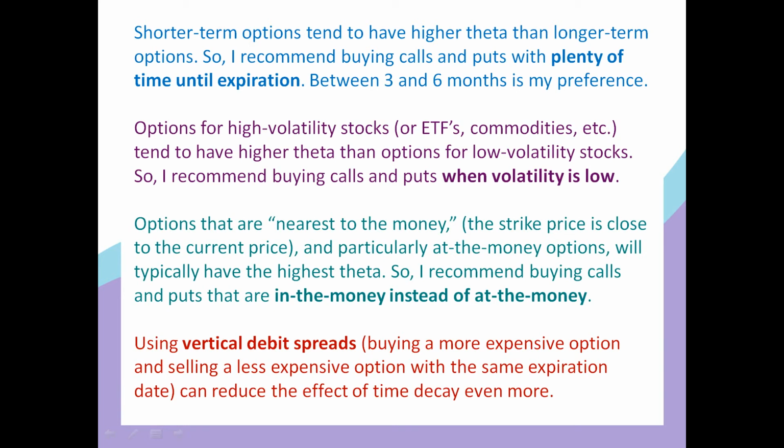Using vertical debit spreads can reduce the effect of time decay even more. You can do one of these things or a combination. In fact, oftentimes I'll do all four of these things in order to reduce the negative impact of theta or time decay when I purchase an option.